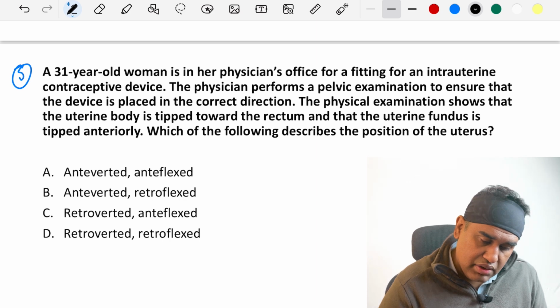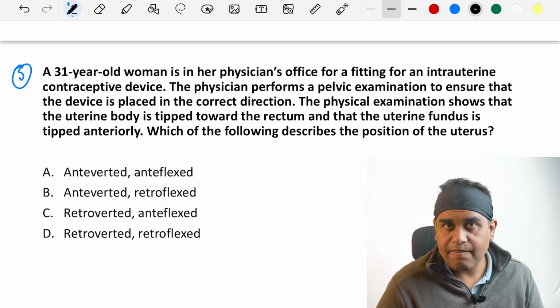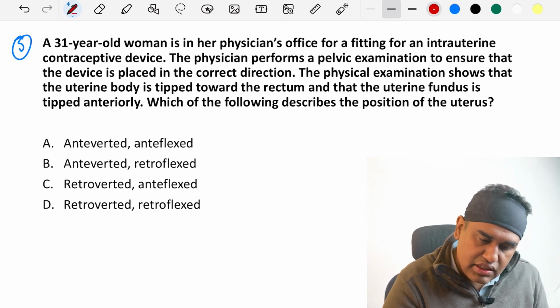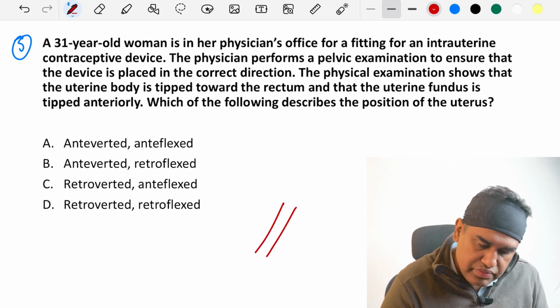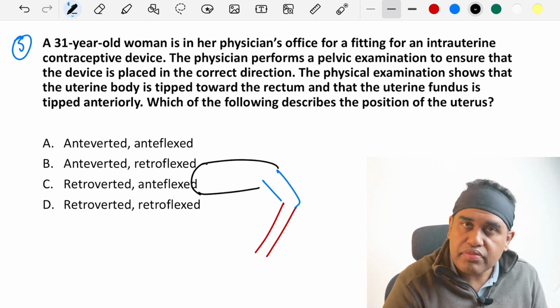Now, remember the anteversion, anteflexion. Ante means forward, retro means behind. Okay, we should be knowing that. Suppose we make it with different colors. This is the vagina part. This is, say, the cervix part, and this is, say, the uterine body and the fundus part.